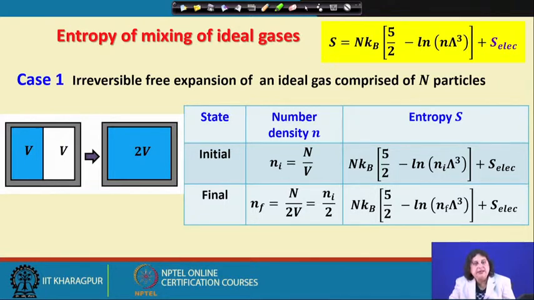We have already seen that under such circumstances, from thermodynamics we expect an increase in entropy. And by the Sackur-Tetrode equation, if I use it, I find that delta S is N kB ln 2, which is a positive number and therefore correctly predicts the increase in entropy when I allow the ideal gas to undergo an irreversible free expansion, which anyway takes place under isothermal condition.